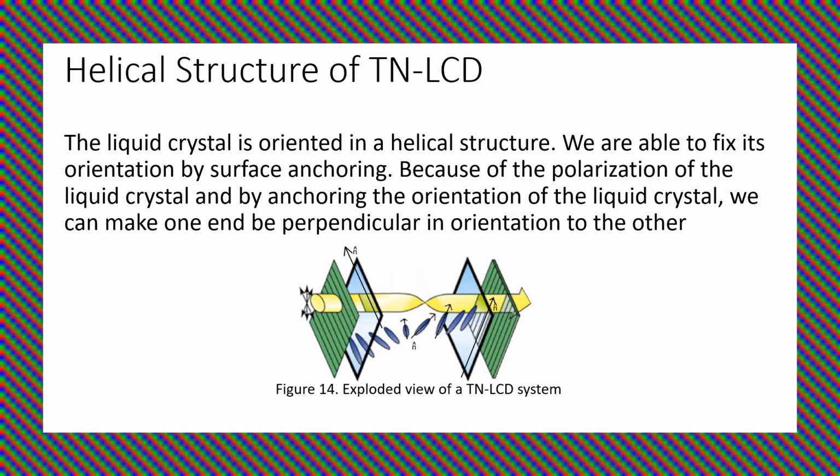Because the birefringence of an LCD is essentially a polarizer, we assemble the TN LCD where the polarizers are at 90 degrees and the liquid crystal is oriented in a helical structure. What this does is essentially create a bunch of different polarizers repeatedly at a really small angle.